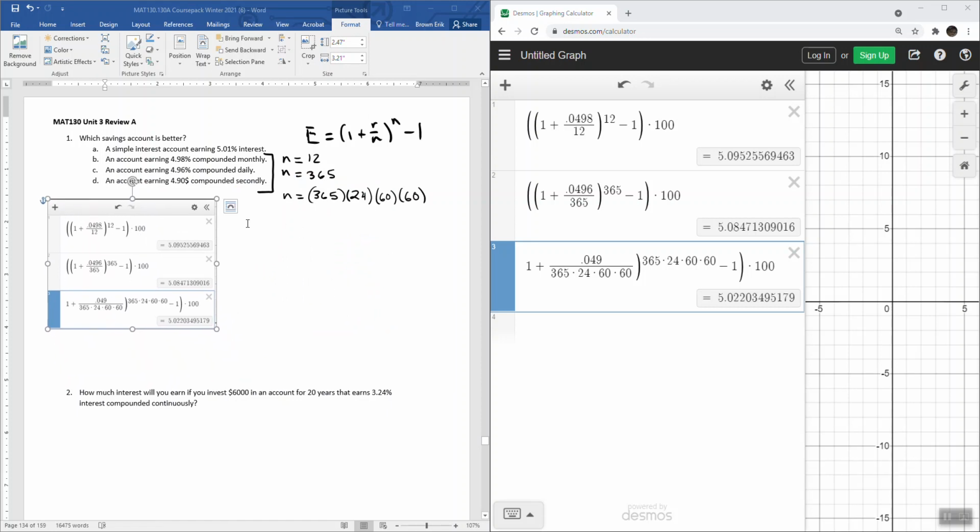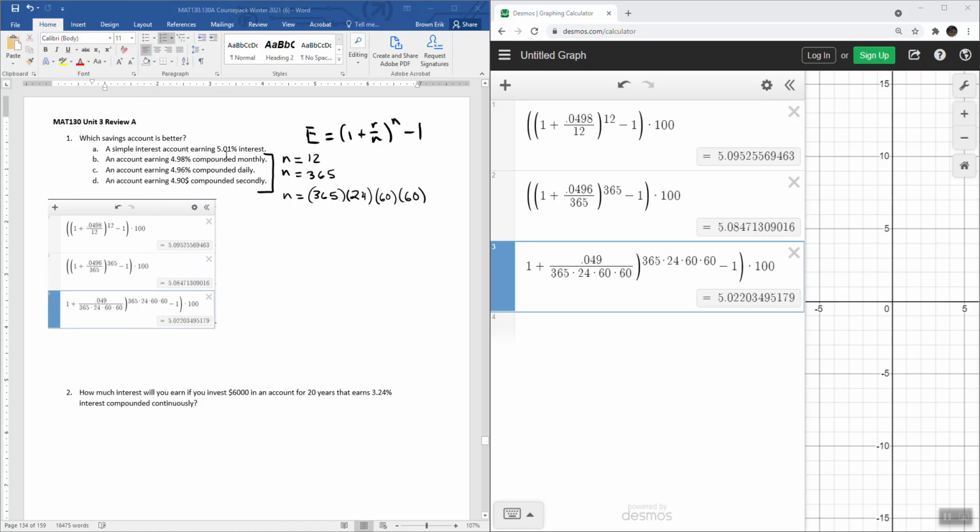Notice all three of these compound interest formulas have a higher interest than the simple interest rate. Anytime you're choosing an investment option, you're going to want to pick the compound interest rate for longer periods of time. If it's short, like within a year or two, the simple interest might get you more money.